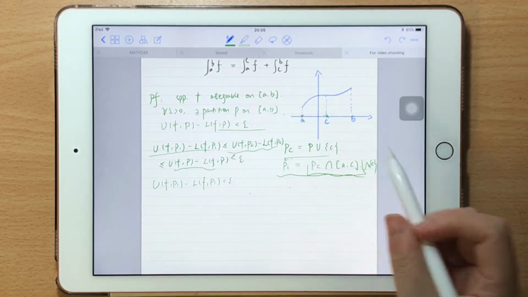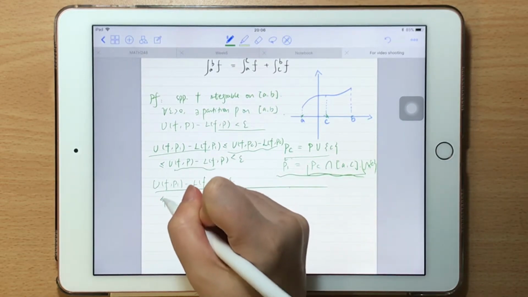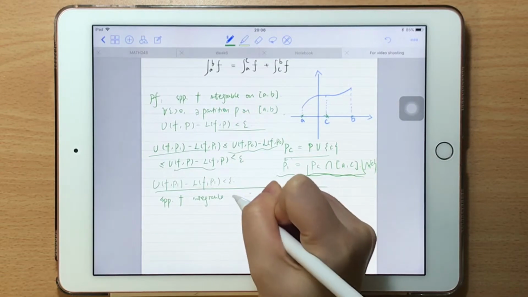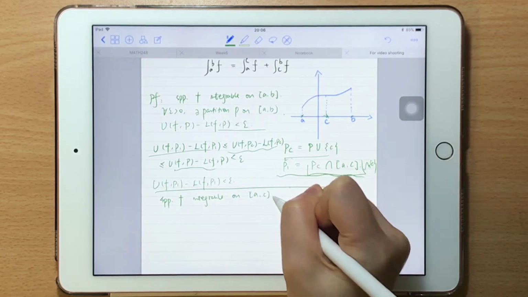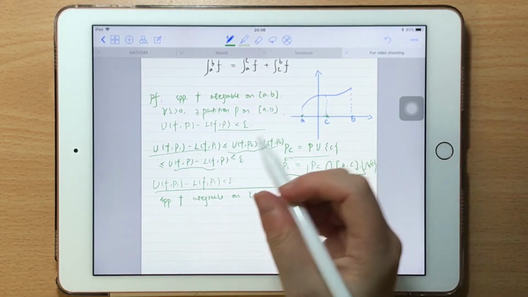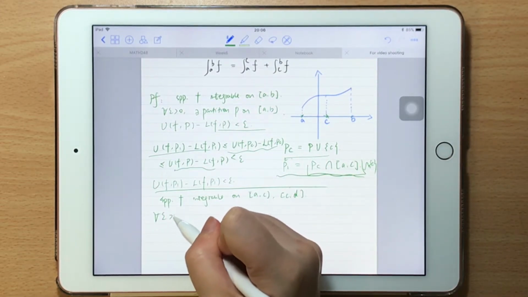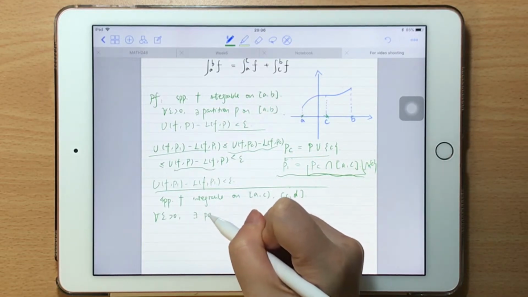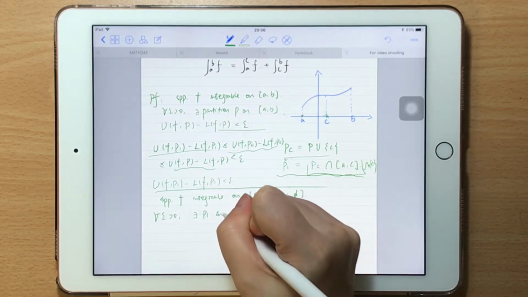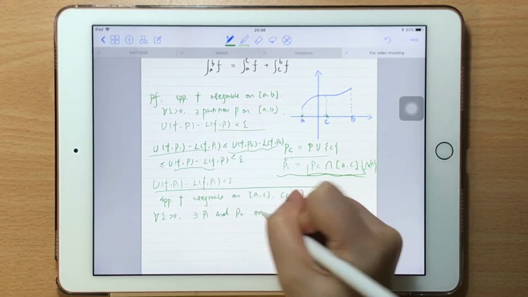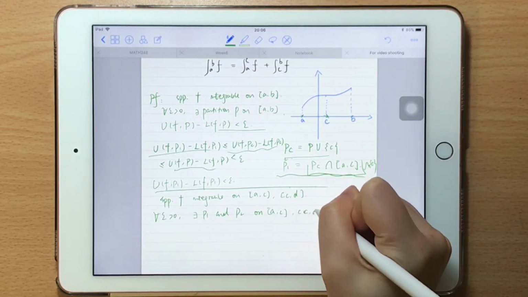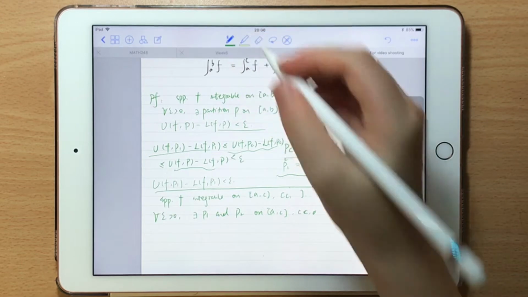Suppose f is now integrable on both [a,c] and [c,b]. Then for any epsilon larger than 0, there exist partitions P1 and P2 on [a,c] and [c,b] respectively.